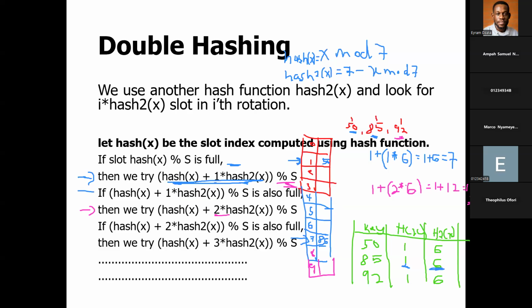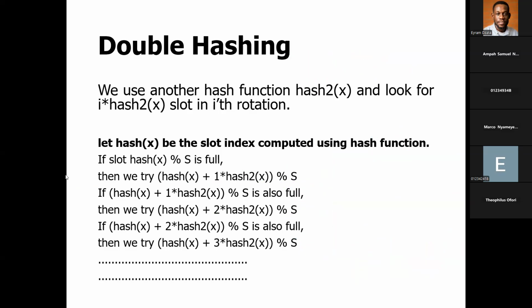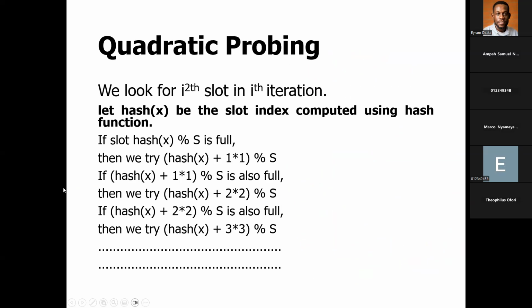So I'll do that check and give you the feedback on whether you have to find the mode of it again, or you go with the response. So that explains the double hashing.